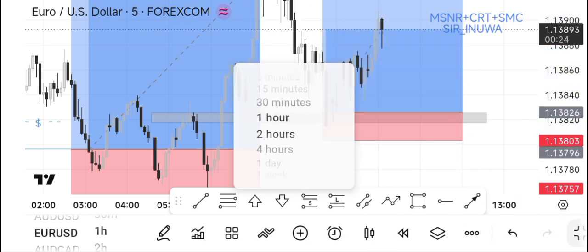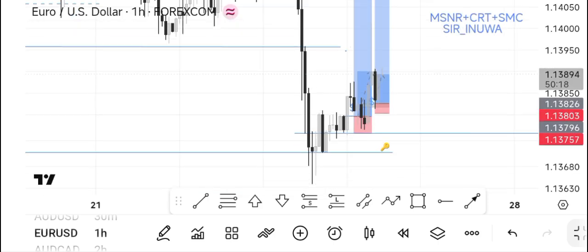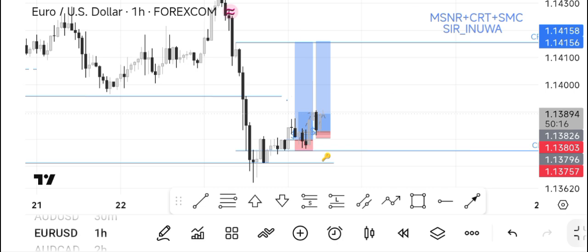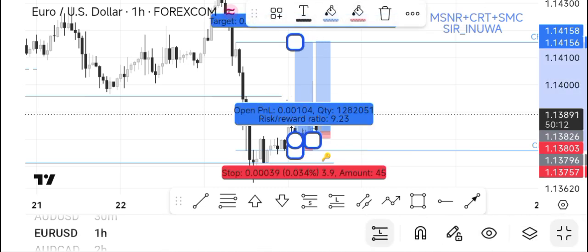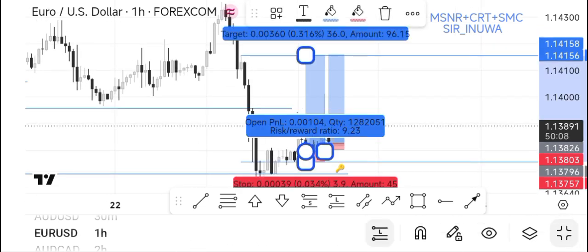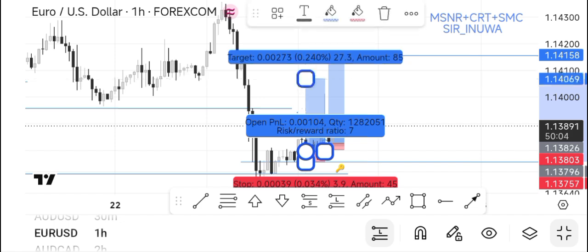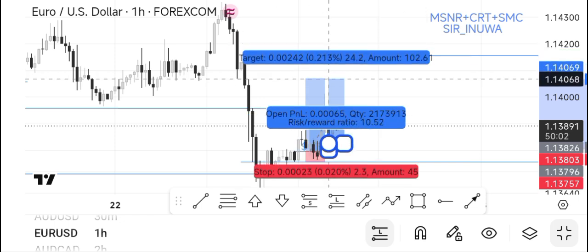So this is how I'm catching this Euro USD on Friday. This is 14 RR and 9 RR. Don't say that I'm greedy. I always target my profit, as you all know, 7 RR.